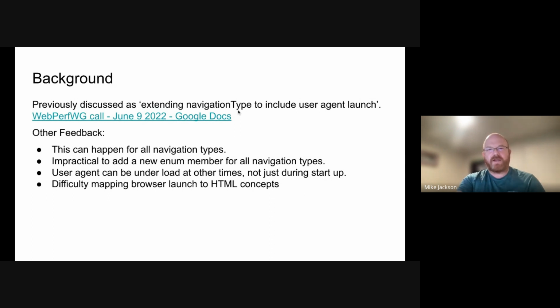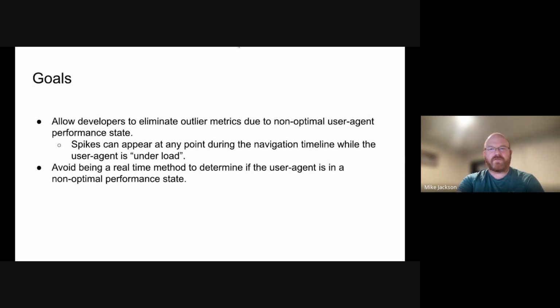So with all that in mind, we went back and thought about it a little bit more and tried to restate our goals, which is to allow developers to eliminate outlier metrics when the user agent is in a non-optimal performance state. When we collected data, we were looking at where we were seeing spikes.